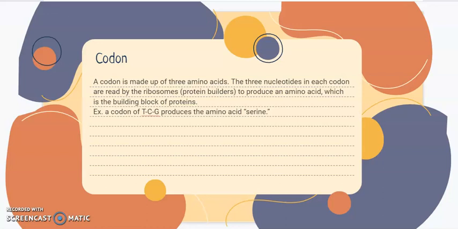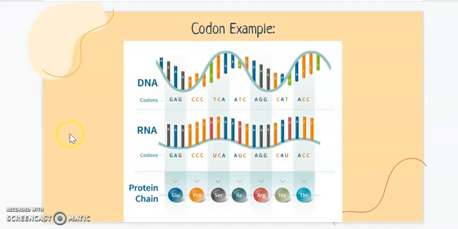So any 3-letter sequence will make an amino acid, and these can be all different kinds of amino acids. Like this one, for example, GAG makes, I think that's glutamine, and then CCC is proline, and every one of these makes a different amino acid.